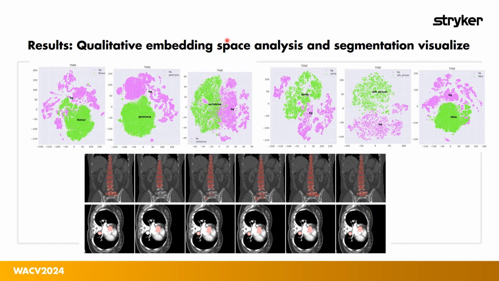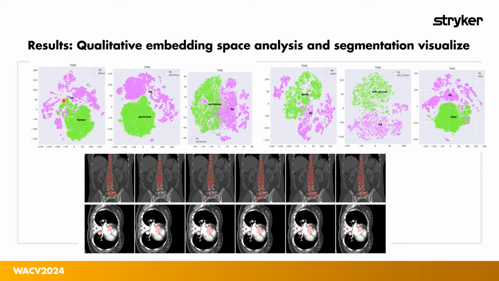We can also draw the same conclusion from the qualitative results. Here, the first row is the t-SNE plot. We want to see whether the SAM embeddings from the image encoder are good enough for segmenting anatomical objects in our experiments.